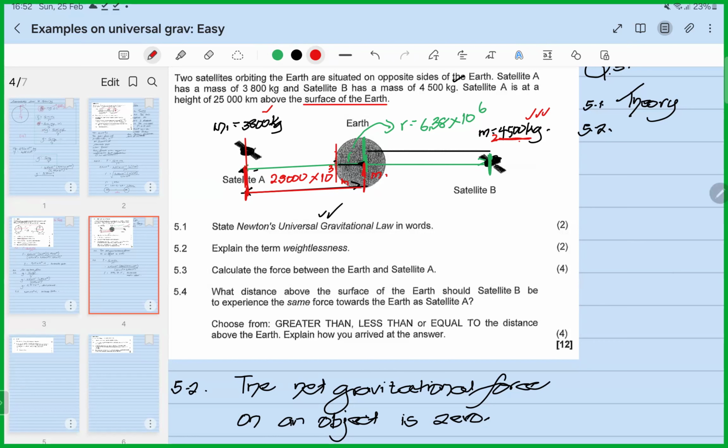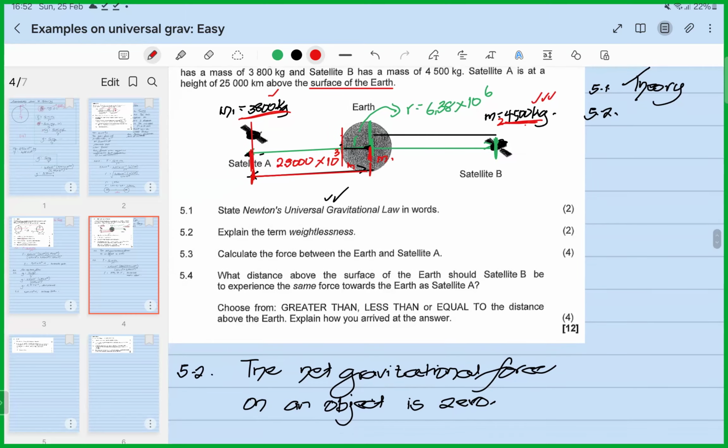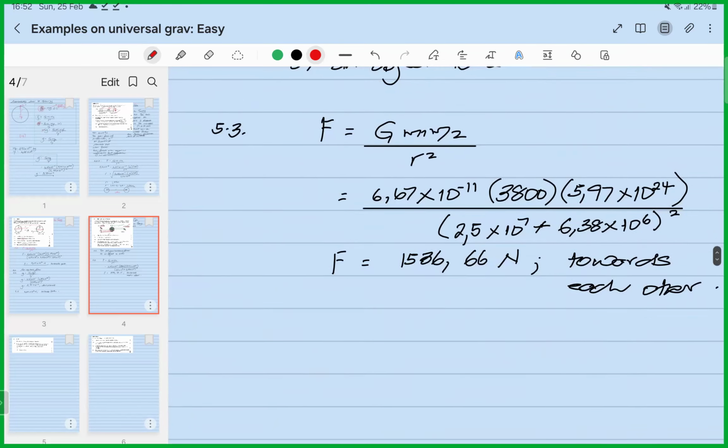Because your 4,500 is bigger than your 3,800. You're going to need a bigger denominator as well to compensate for the bigger numerator. Otherwise, the two forces can't be the same. And if you're going to have a bigger denominator, that means you should have technically a larger distance of separation. So it should be greater.